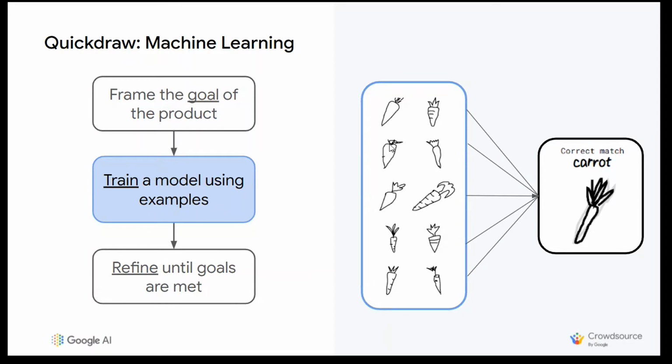So if you can see here, this is again with reference to the QuickDraw game that we just had. So these are the different data that's given to the machine by the users. So this data is used by the model or the neural network here, and it trains on this given data and it tries to identify the right match. So we as the programmers are just giving the data.